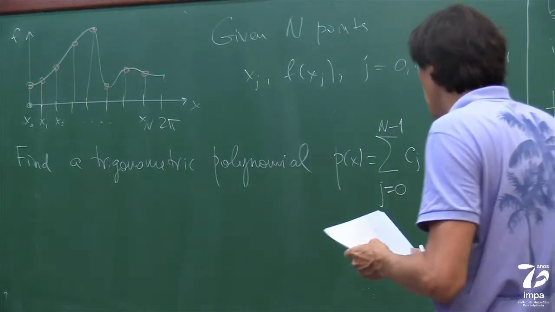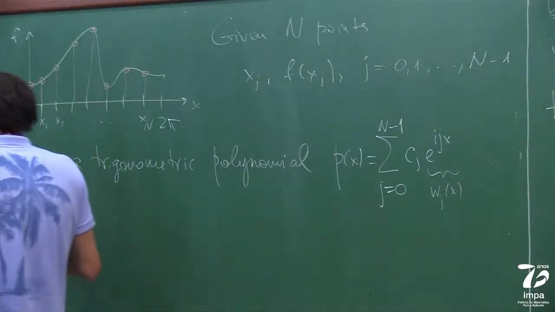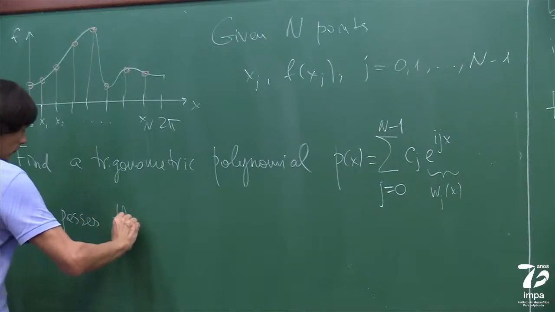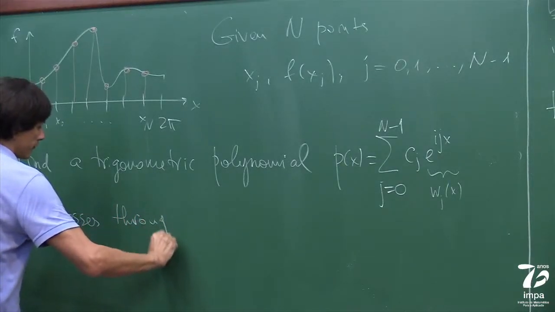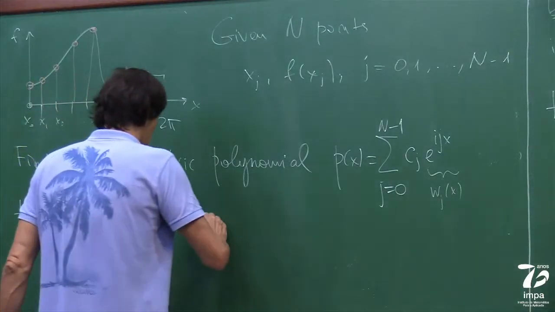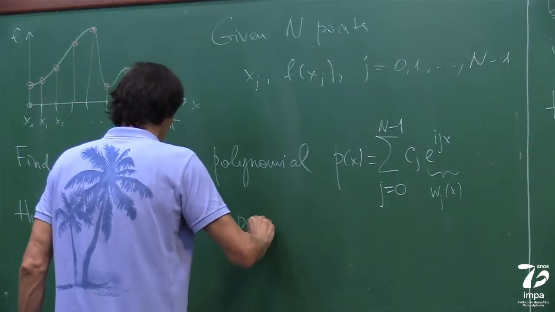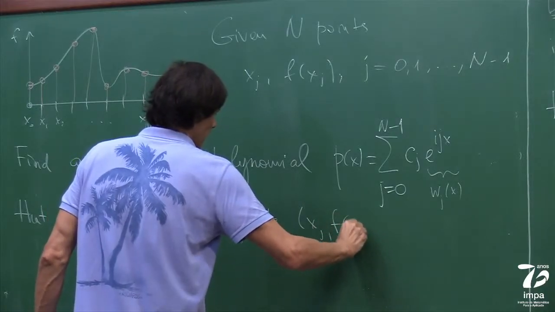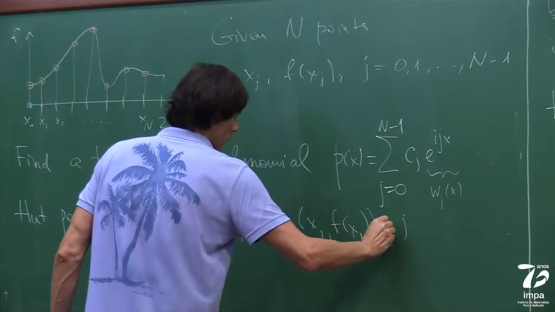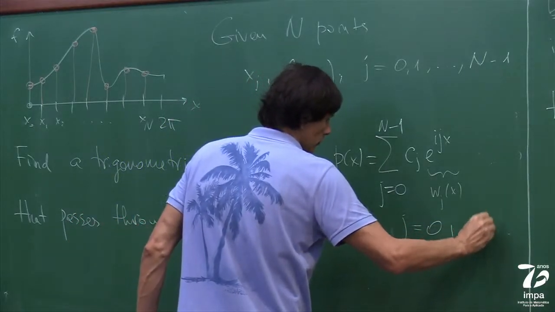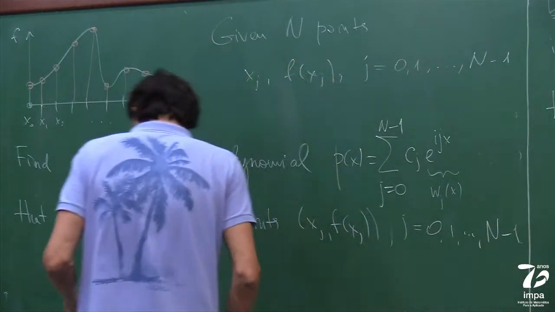Okay, so find a trigonometric polynomial that passes through all points, j from 0 to n minus 1.